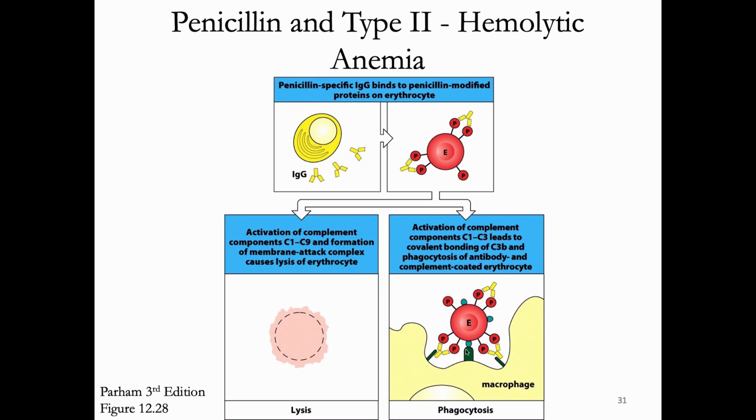And so in either case, our patient is going to end up anemic because of this lack of red blood cells. And this disease is known as hemolytic anemia. Hemolytic because we are lysing red blood cells, and that's why the patient has anemia. And so you can see this as being a big problem for our patients.